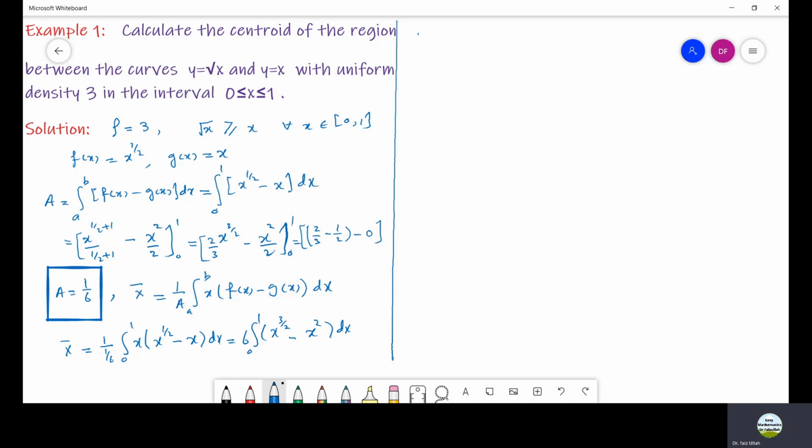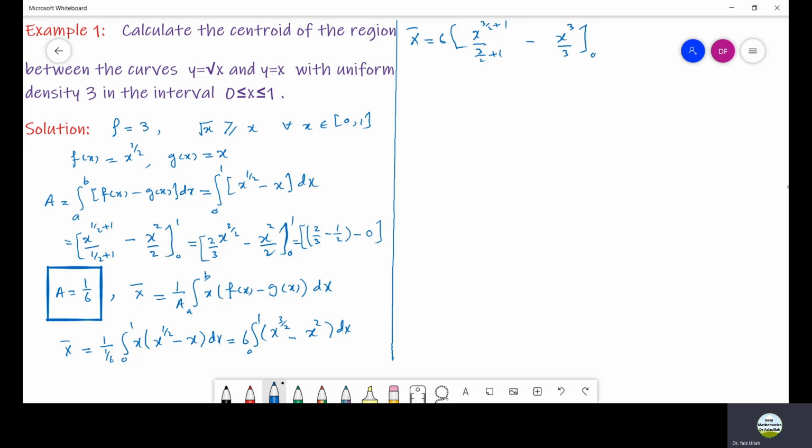Let us integrate this. So we have 6, and now this is x power (3 by 2 plus 1) divided by (3 by 2 plus 1), minus x cube divided by 3.